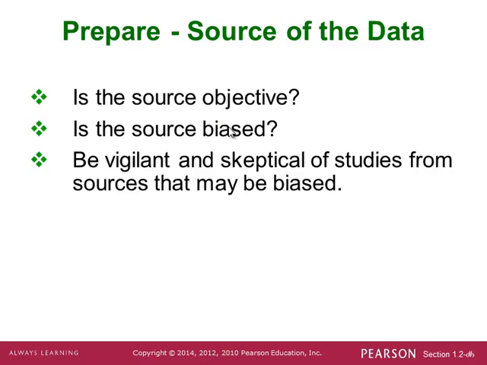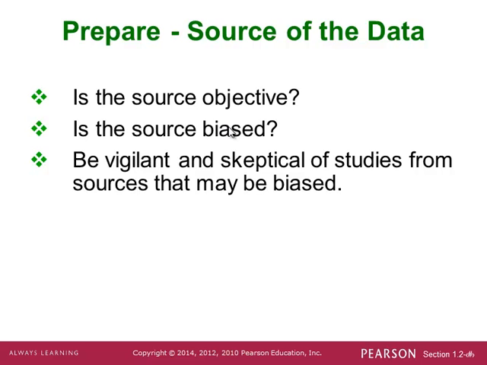So if you are preparing to do a statistical study, think about it from the perspective of some outsider. Would they perceive you as being biased? So you have to decide that. Or if you yourself are reading the results of somebody else's study, do you think there's a conflict of interest?